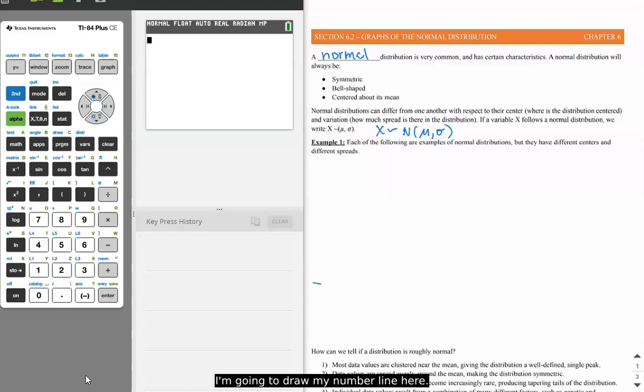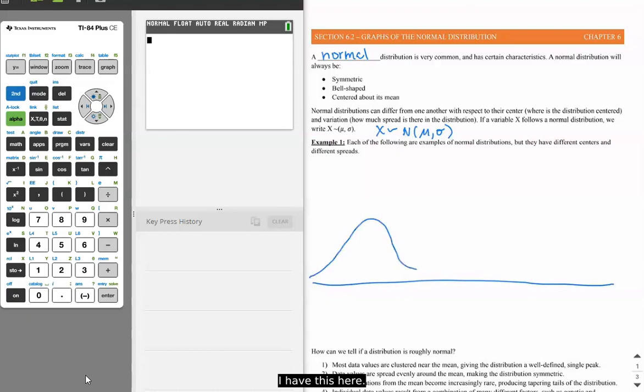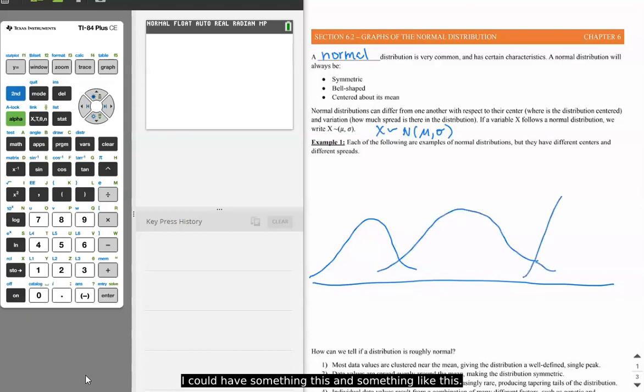So I'm going to draw my number line here. I have maybe this here, I could have something like this, and then something like this, right?